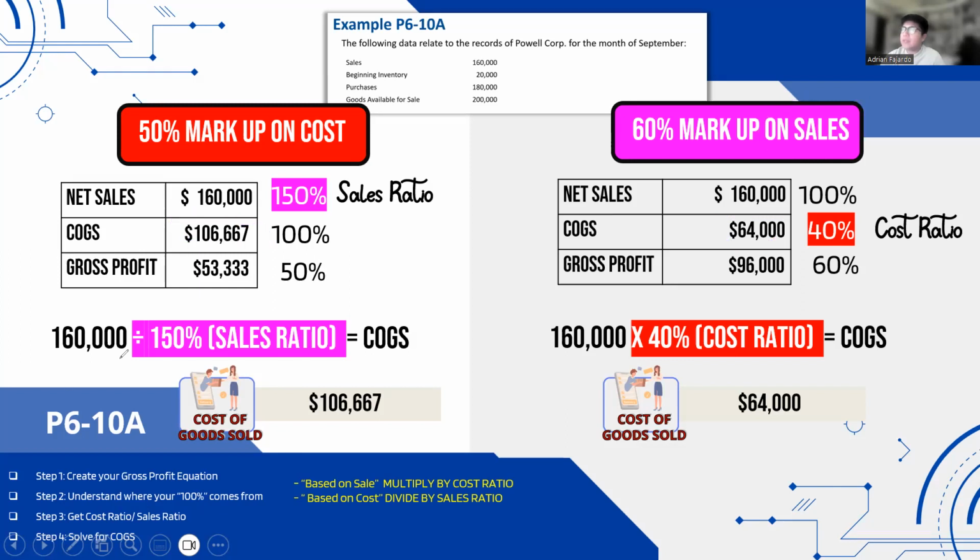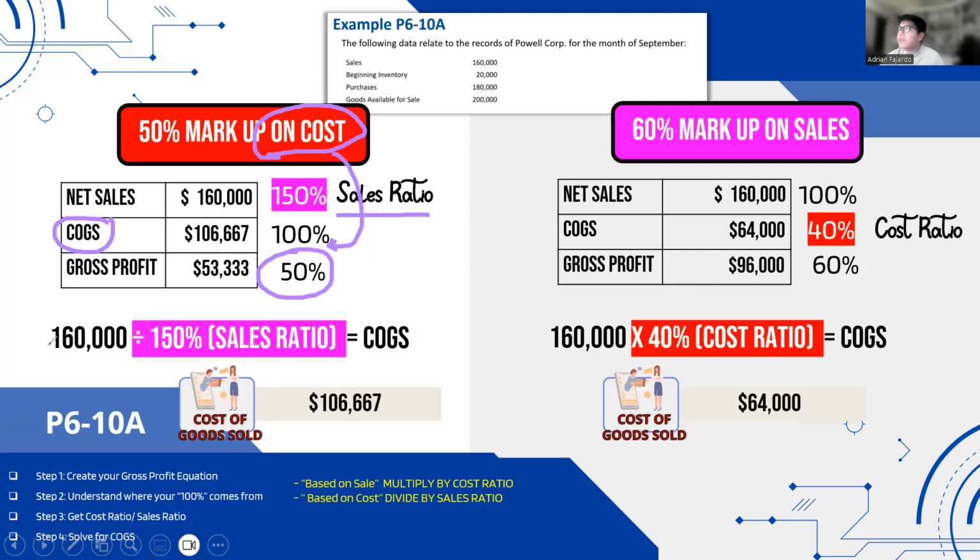So, to summarize, yung first step is, ano ba siya? Markup on cost. Dahil on cost, ang 100% is si cost. Dahil alam mo naman na gross profit is 50, 100 plus 50, 150%. But dahil on cost, what it will give you is sales ratio. And you just do net sales divided by sales ratio is equal to COGS.